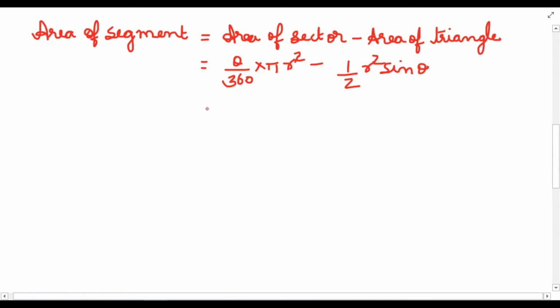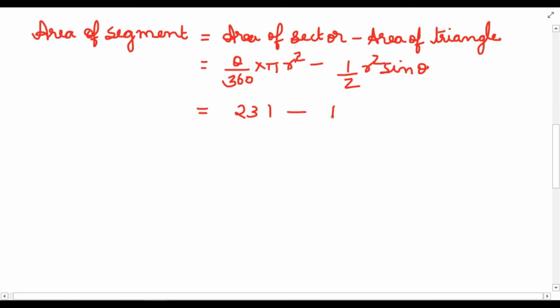Area of sector is theta divided by 360 into pi r square. And for the area of the triangle, we know the formula half base into height, but in this case we use the formula half r square sine theta, since the radius of the circle is given. We just got the area of sector as 231, so no need to simplify again.